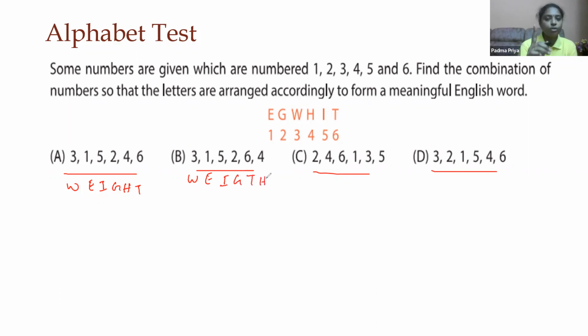So you should have a good understanding of your English language to find the actual spelling of the word weight. It is a word forming weight. Now, whether it is W-E-I-G-H-T or W-E-I-G-T-H, this is the logic. So you are correlating your English language with the basic observation and jumbling.